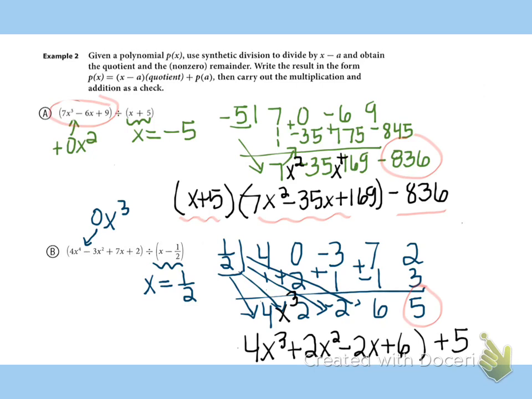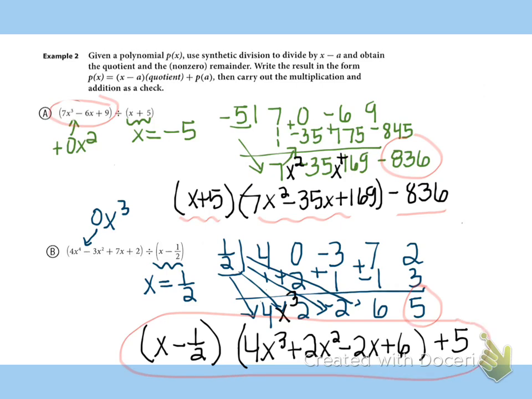So writing that in the familiar form of the divisor times the quotient plus the remainder would look like this. So this would be equivalent to the dividend if we were to multiply that back out. Multiply the divisor by the quotient and add the remainder.